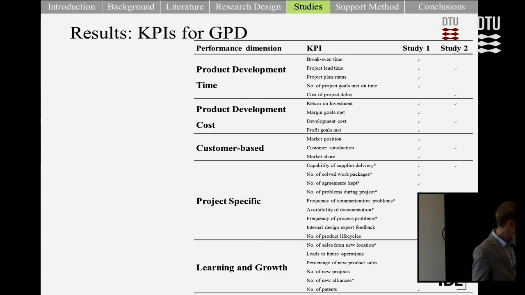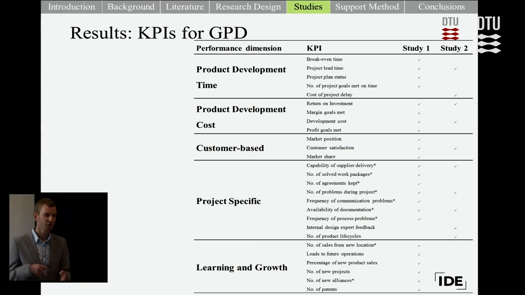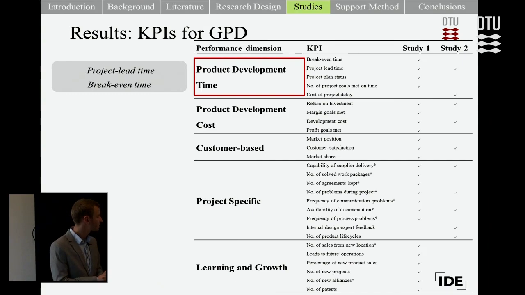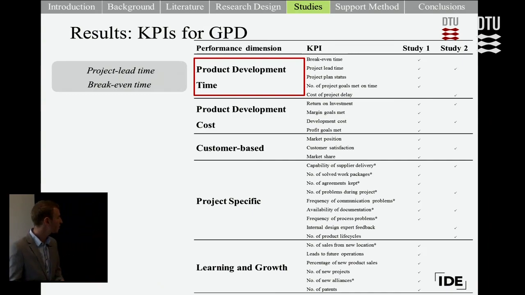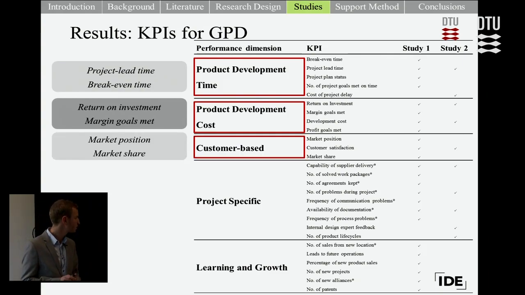So when we look at the KPIs from the two studies, we identified a large number of KPIs, and it was possible to group these along higher performance dimensions. So first, product development time. Those related to this are such as product lead time and also break-even time. And then we've got product development costs, such as return on investment and margin goals, and these are more generalizable across projects.